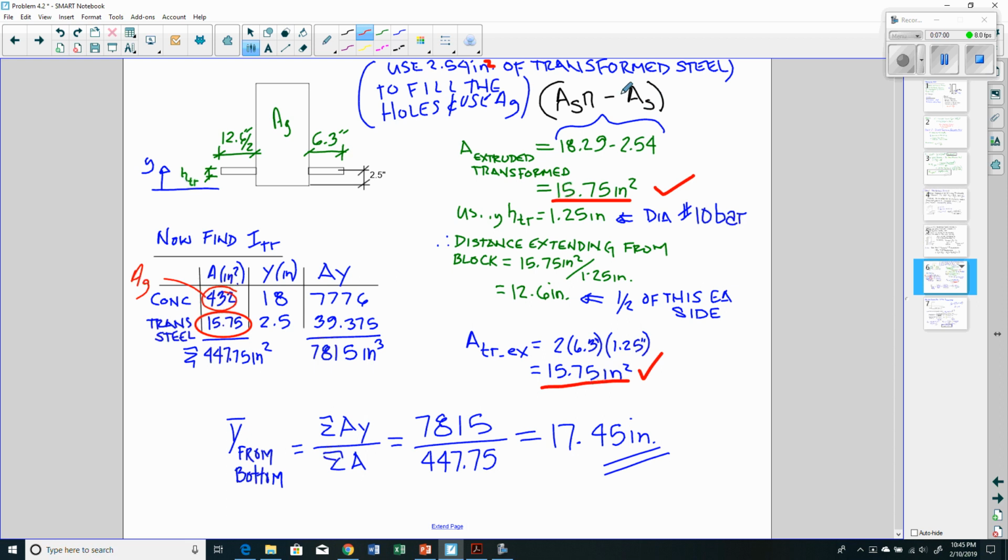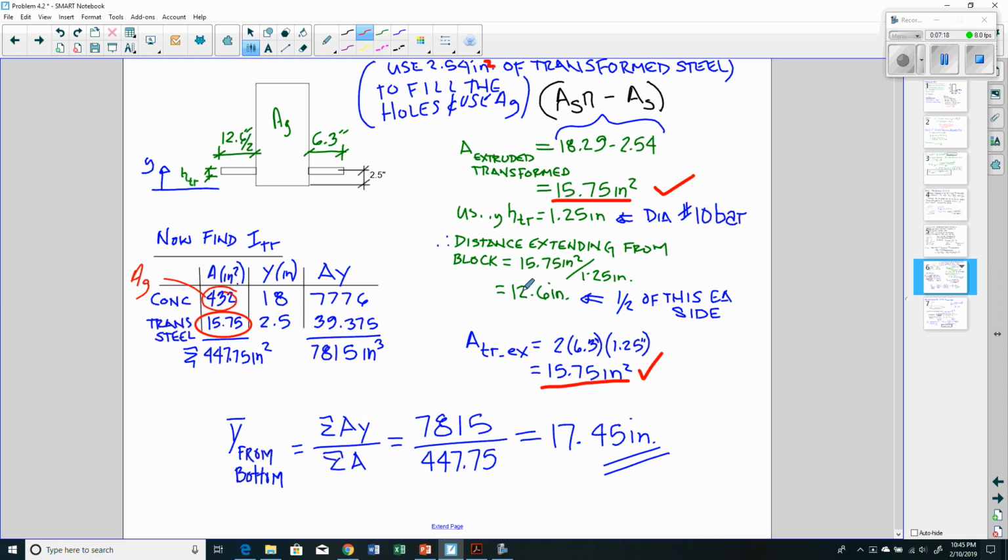So we have our total area of an extruded section, so it's the total transformed area minus that 2.54 square inches that we're using to fill the holes so that we can use AG. Then this gives us a distance extending from the block.